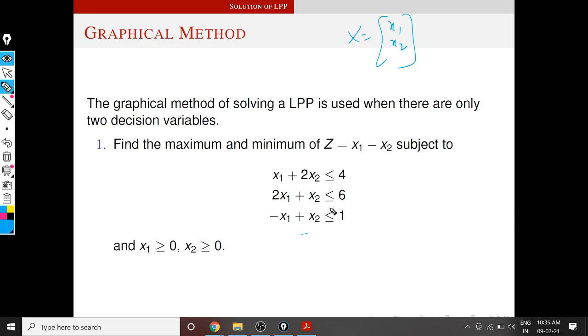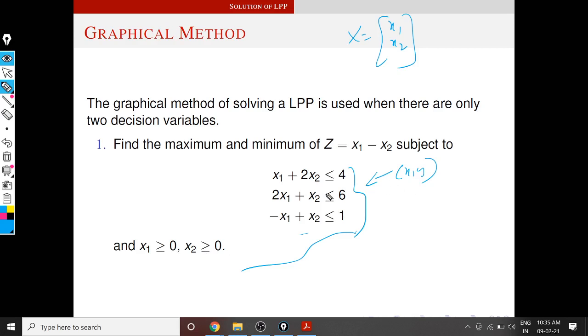Feasible region means first of all we have to find the feasible solutions, those x1, x2 which satisfy these conditions. Not only these three conditions, actually these five conditions: three constraints and two non-negative restrictions. So we have to find the feasible solution.